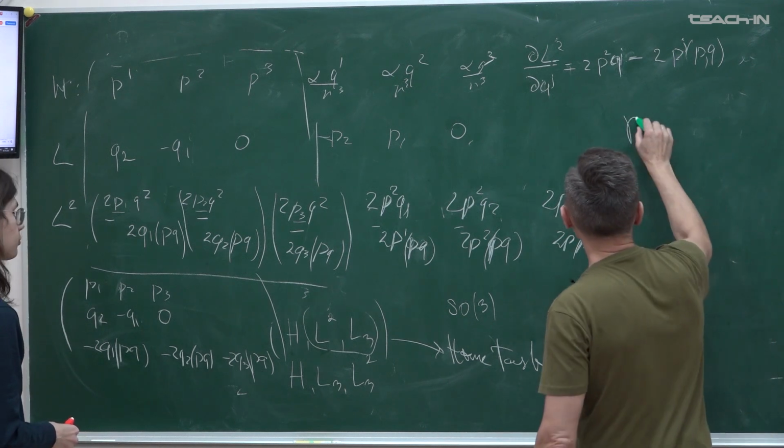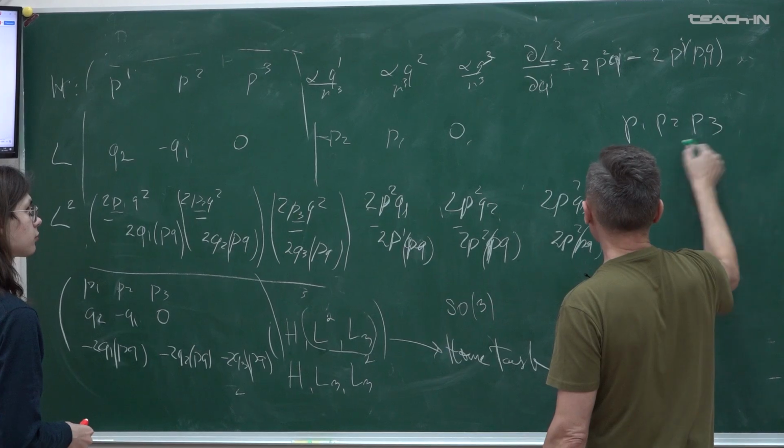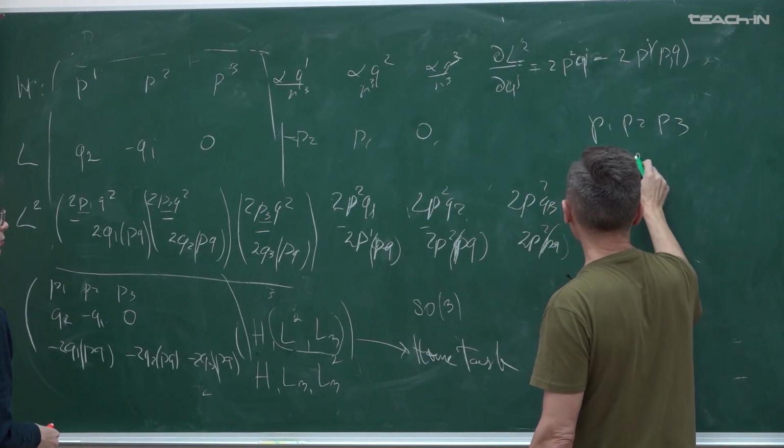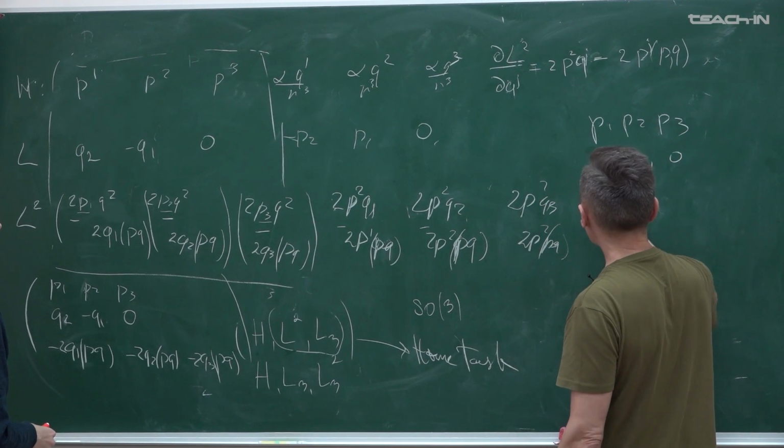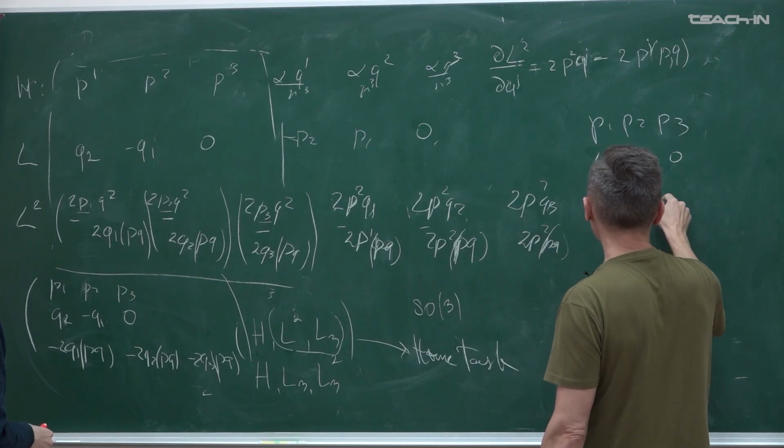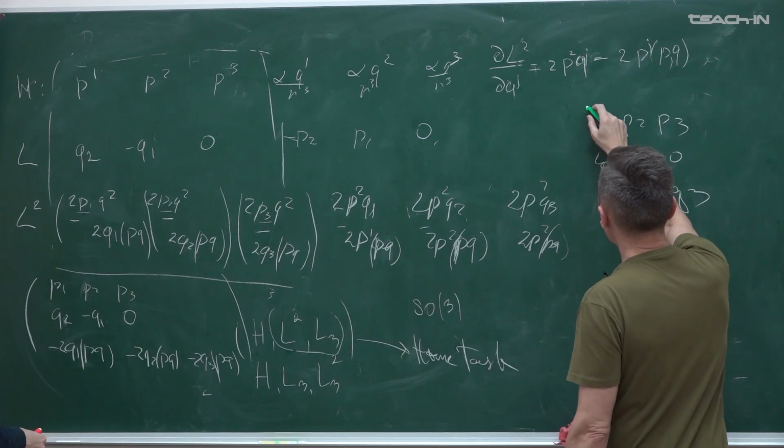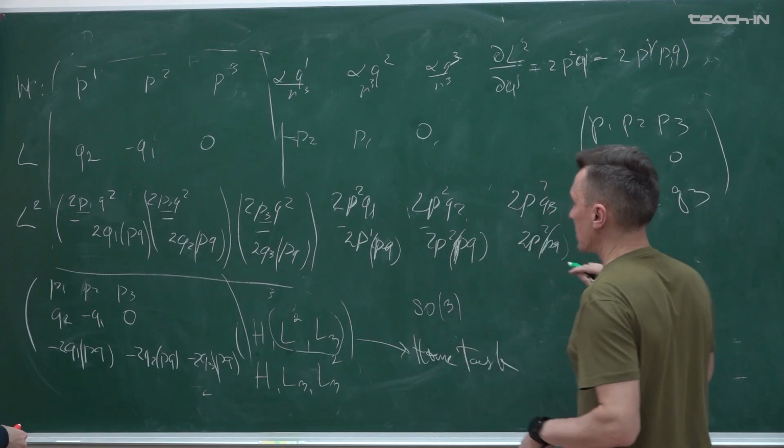So in fact we have such a matrix p3, q2 minus q1, and q1, q2, q3 multiplied by something.